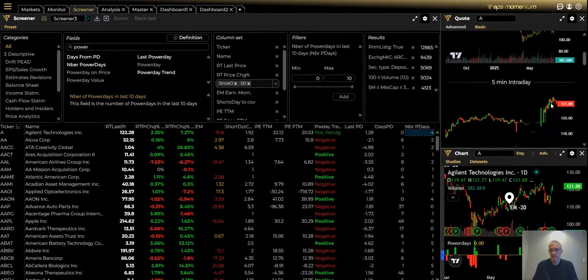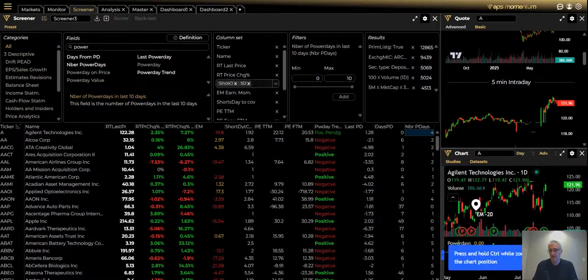There you go. So now I can see those last 4 power days here. What happened here is there's a significant battle that happened in the drop, and then the winner is actually the bulls, because they're pushing the price up after this. So a pretty sizable drop and then pushed by the bulls. All right, so this is the screener.